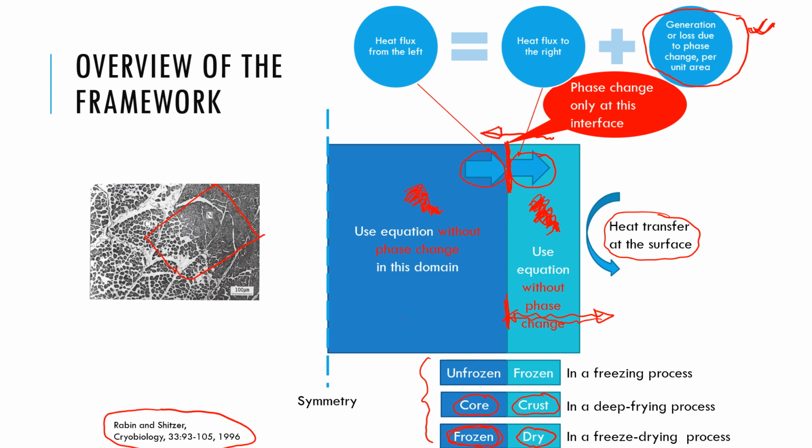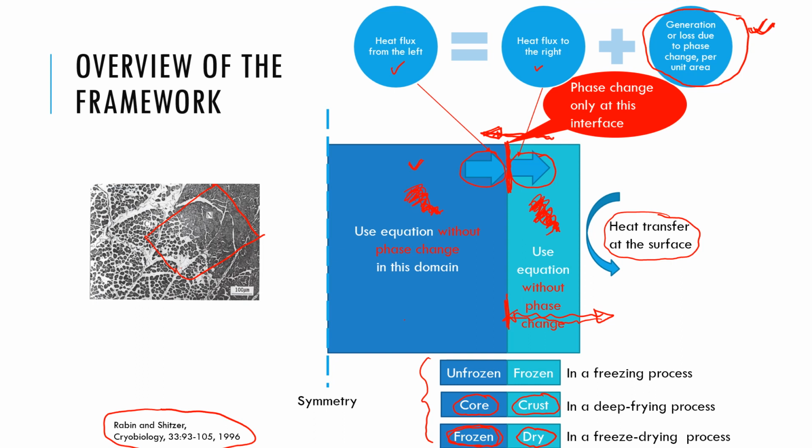Said another way, the rate at which the interface moves can be related to the heat flux from the left and the heat flux from the right, which individually we know, because on the left, for example, in freezing, we are doing a heat conduction calculation in the unfrozen media.